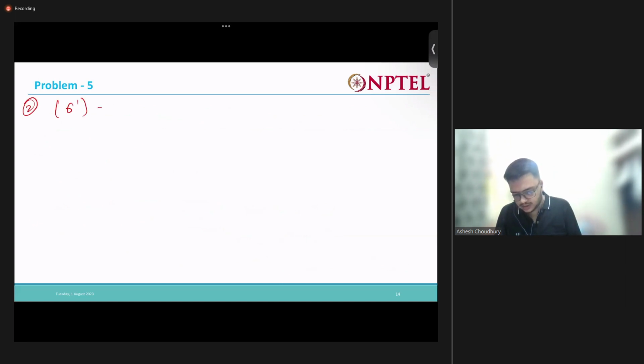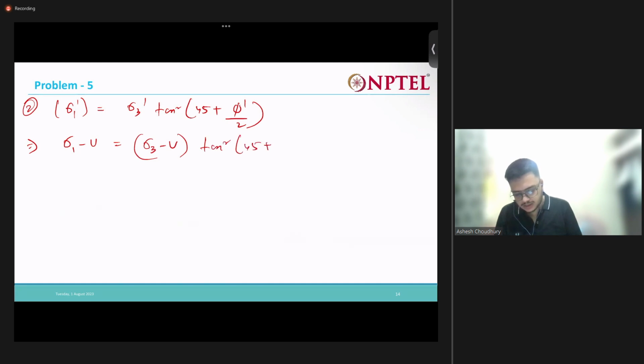So sigma 1 prime equals sigma 3 prime tan squared of 45 plus phi prime by 2. This is nothing but sigma 1 minus the pore water pressure equals sigma 3 minus the pore water pressure times tan squared of 45 plus 34 by 2.